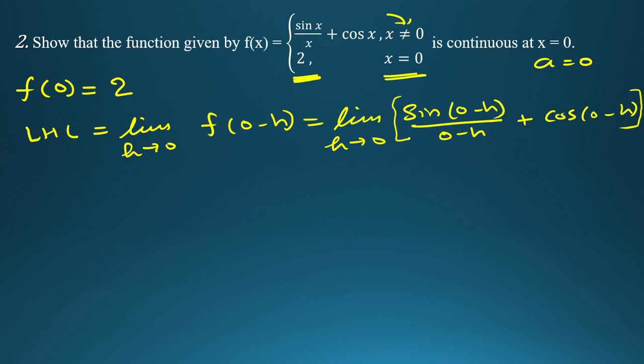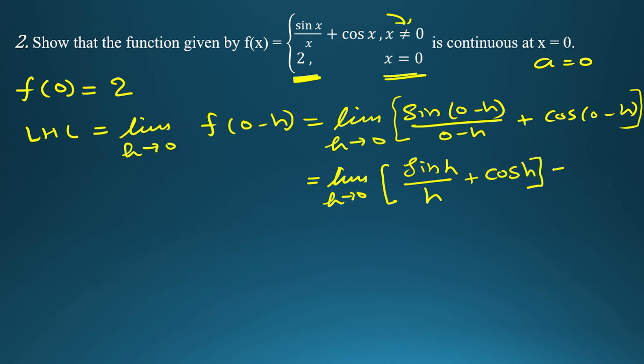Now it is a question of limits. Sin(0 minus h) means minus sin h, so the negatives cancel and it is sin h upon h, and cos of minus theta is equal to cos theta, so it is cos h. Now put h equal to 0: sin h upon h when h tends to 0 is 1, and cos 0 is 1, and 1 plus 1 equals 2.